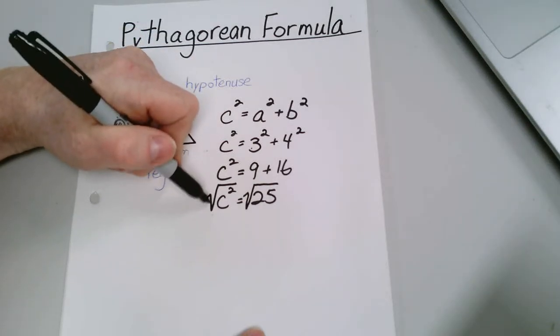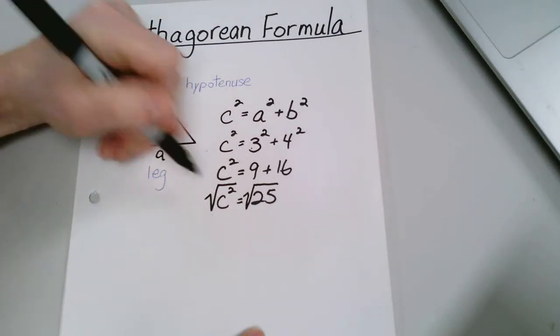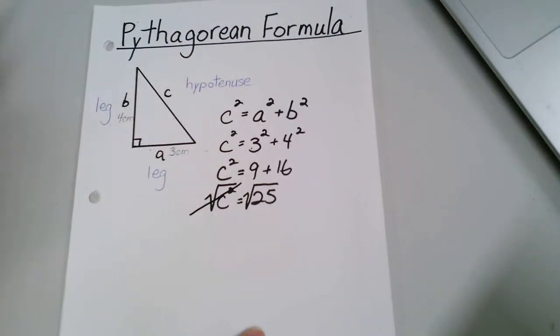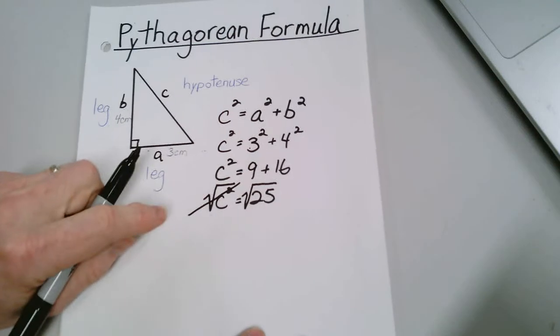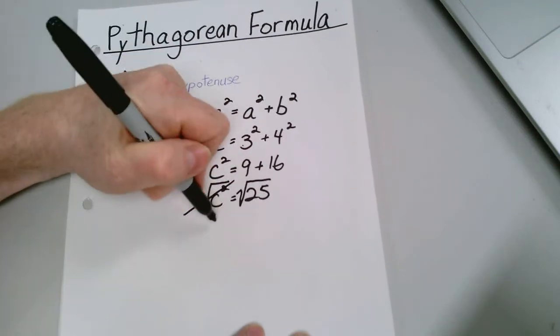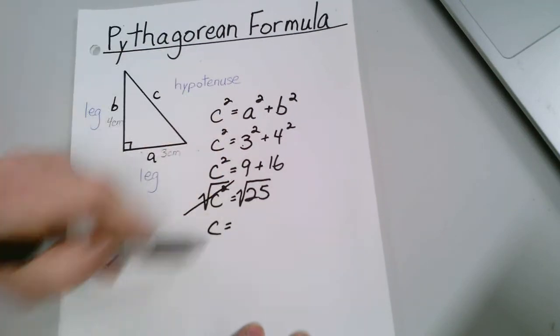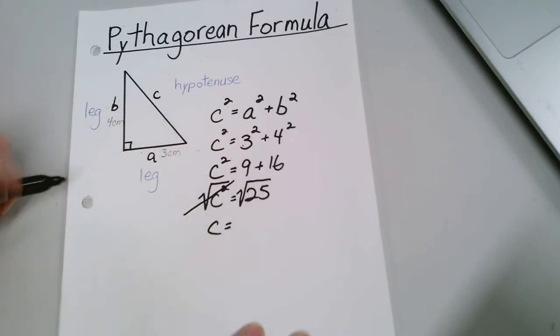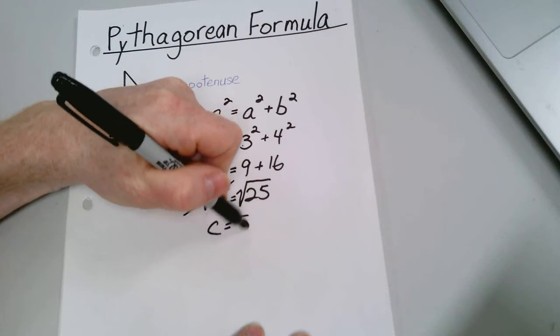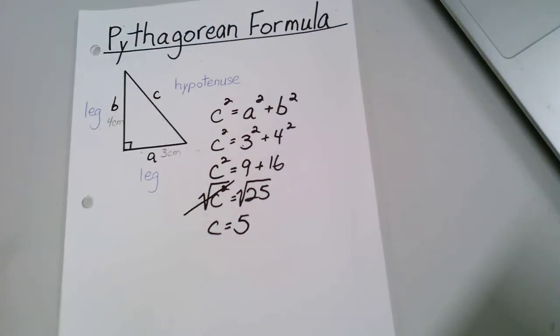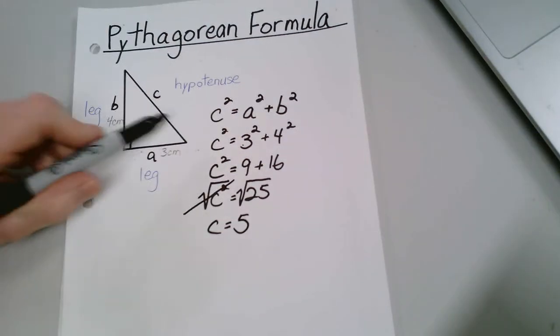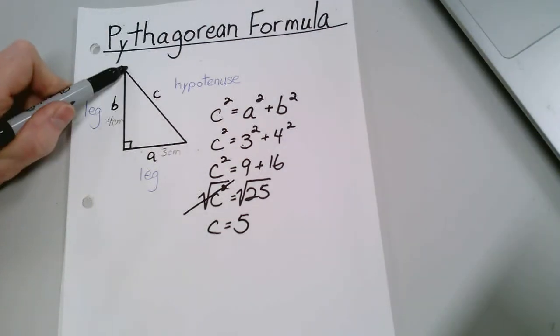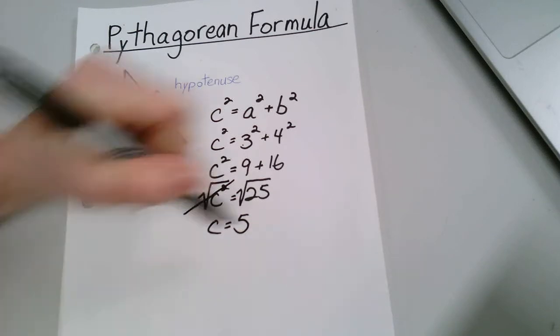Now, by finding the square root of a square, in essence what we've done is we've just crossed it off, canceled it, and now the variable is alone. We say, what's the square root of 25? Well, it's 5. We have to include units because we're trying to figure out what the length of this side was, and it's in centimeters.